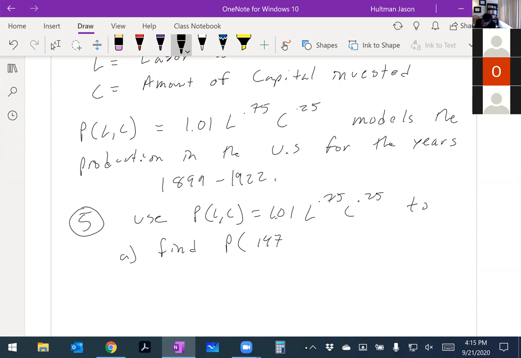So 147 million labor hours, $208 million of capital invested. Find what happens when we get that.